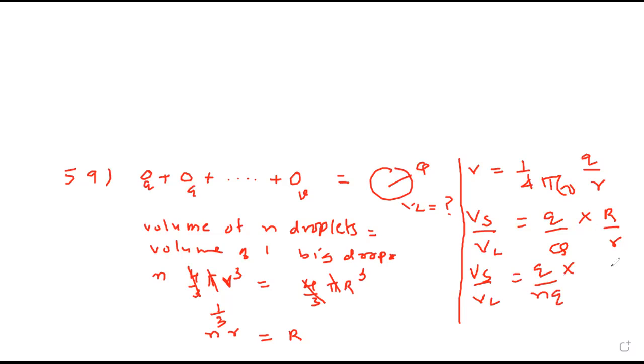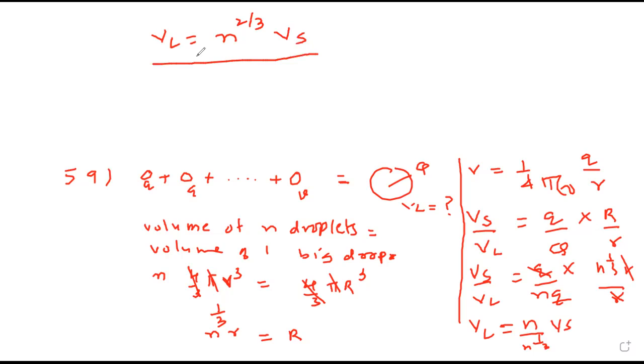And capital R is N raised to 1 by 3 into small r, so r will get cancelled. So V of large is N upon N raised to 1 by 3 times V of small. Therefore, V of large is N raised to 2 by 3 V of small.